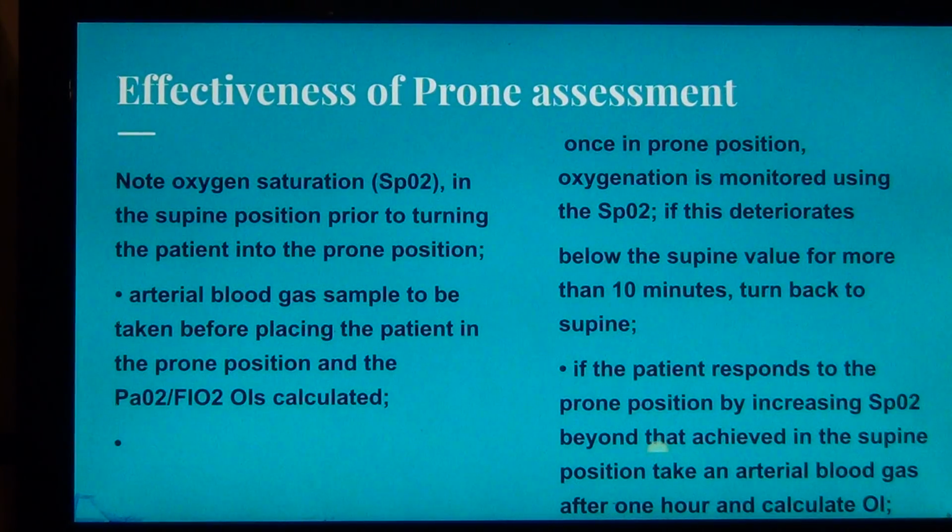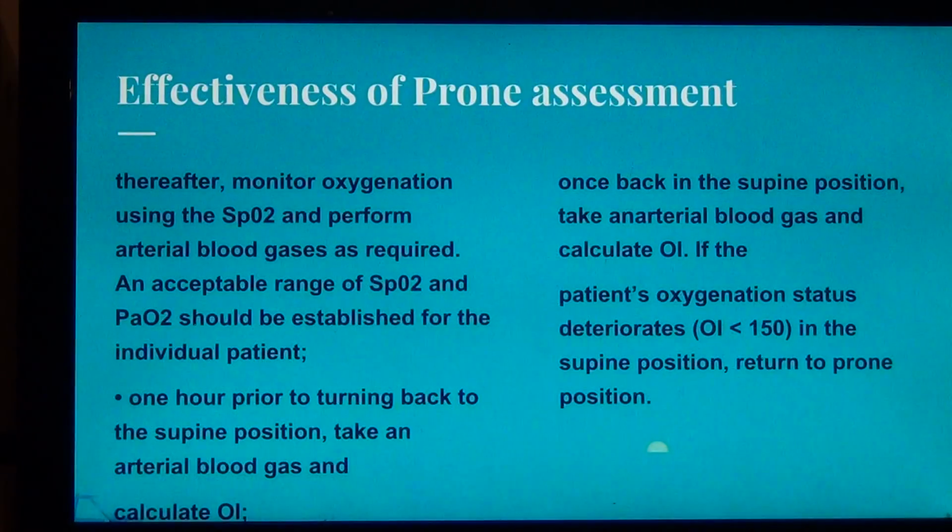If the patient responds to the prone position by increasing the SpO2 beyond that achieved in the supine position, take an arterial blood gas after 1 hour and calculate the oxygen index. Thereafter, monitor the oxygenation using the SpO2 and perform arterial blood gases as required.